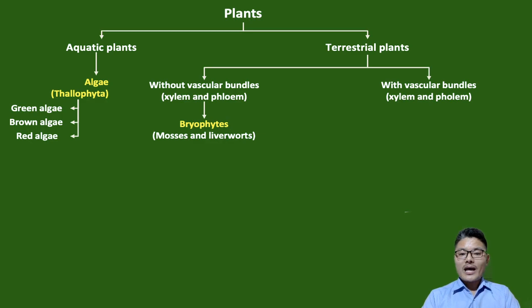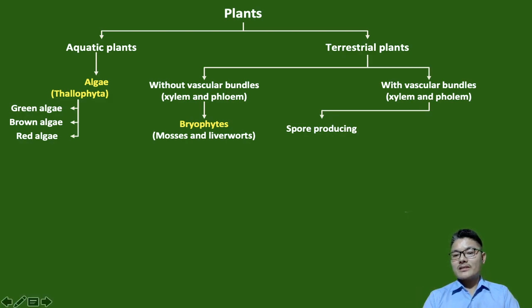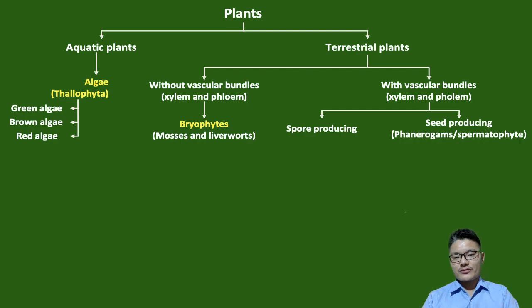Now, those plants which lack vascular bundles like xylem and phloem are bryophytes. Bryophytes can be mosses and liverworts. On the other hand, we have plants containing vascular bundles like xylem and phloem, which can be spore producing or seed producing.